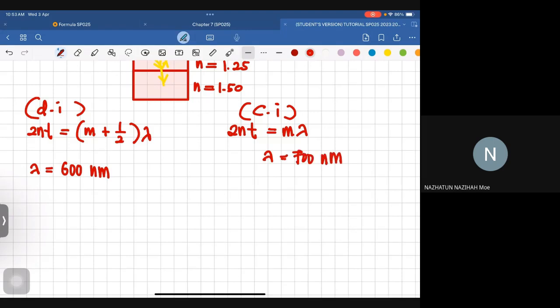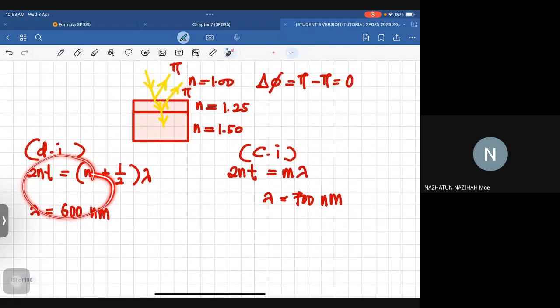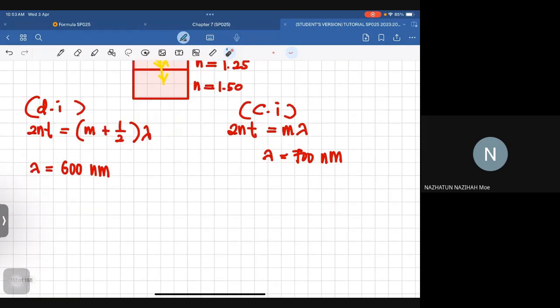Okay, so kita tahu this is what's happening. Okay, tapi ada satu benda yang constant. Apa yang constant? The thickness of the film. The film ni, dia punya thickness akan sentiasa constant. Walaupun walau apapun interference yang occur lah. So dari sini kita boleh create simultaneous equation. Boleh faham ke?